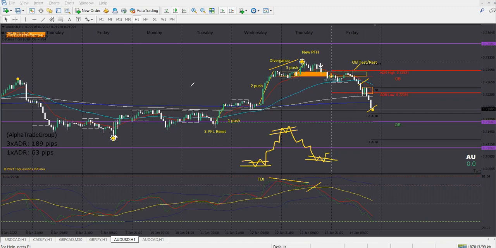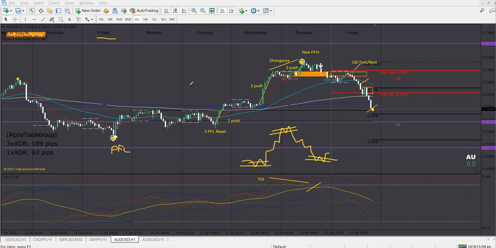Okay, so I want you to notice this new peak actually started last Friday, this peak formation low. And what happened was price came up to the 200 and it did not break it. It came back and retested this area of support, which I marked from H4.